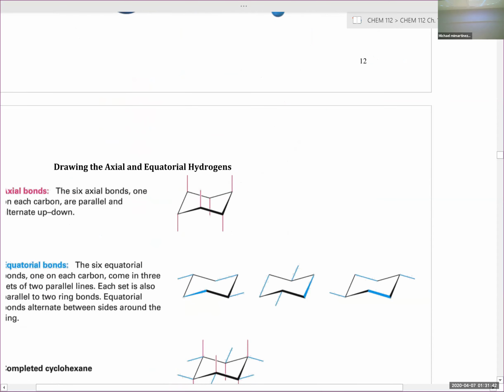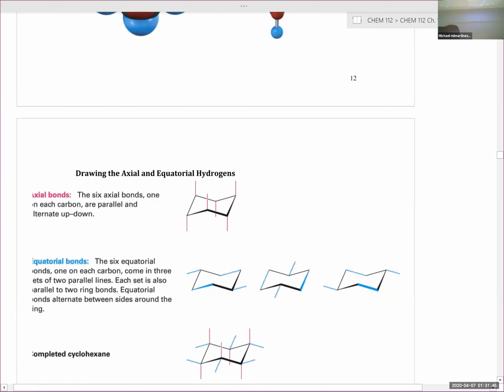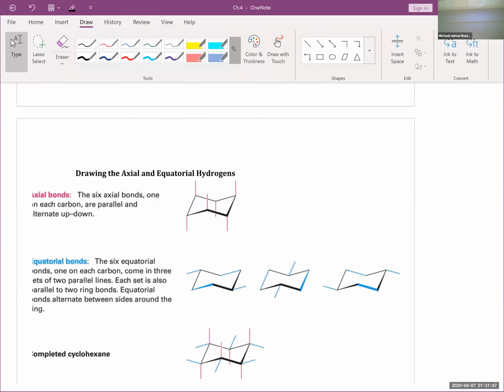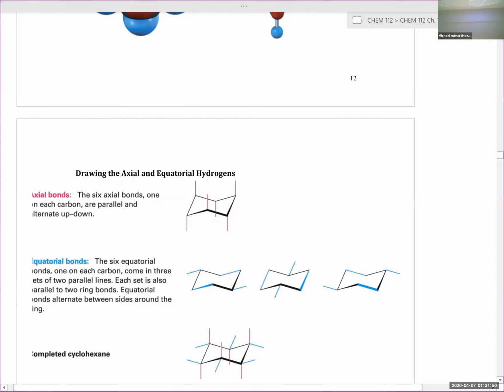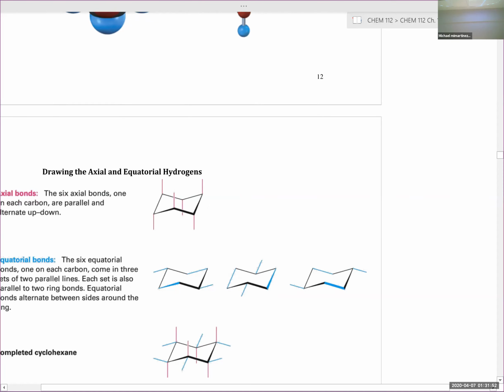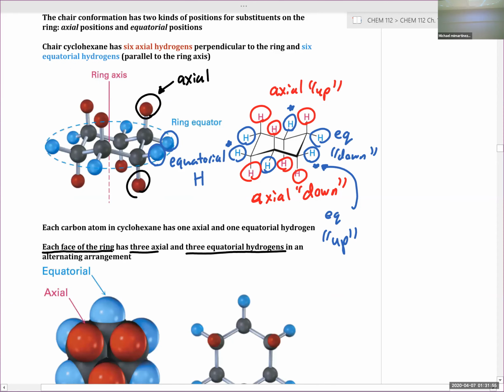Now, let's talk a little bit about how to draw axial and equatorial hydrogens. So the axial hydrogens are the hydrogens either above or below the plane of the page. They're on the vertical axis. So you notice how this hydrogen's on the vertical axis, this hydrogen's on the vertical axis. Comparatively, the equatorial hydrogens are on the horizontal axis.